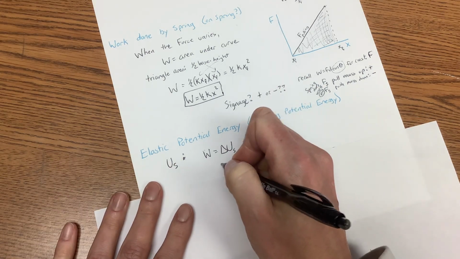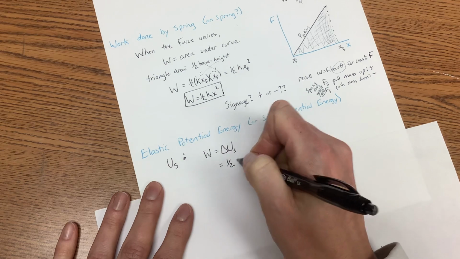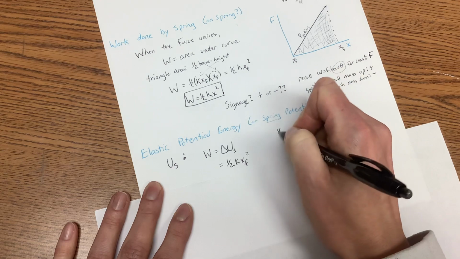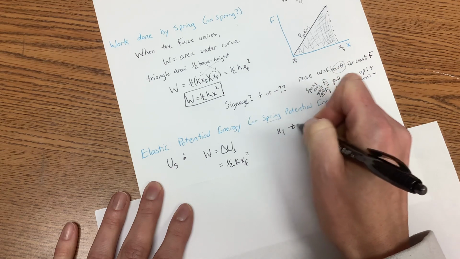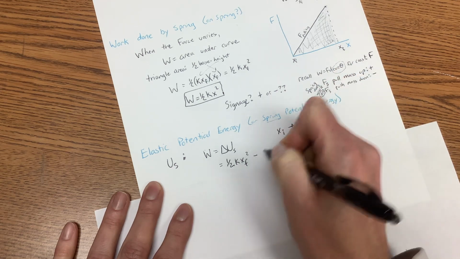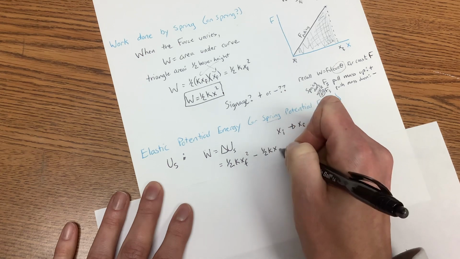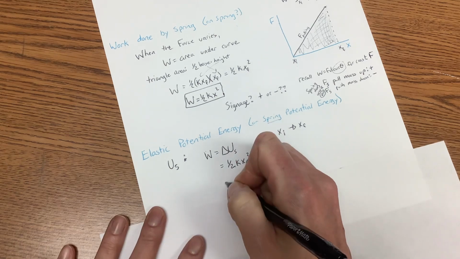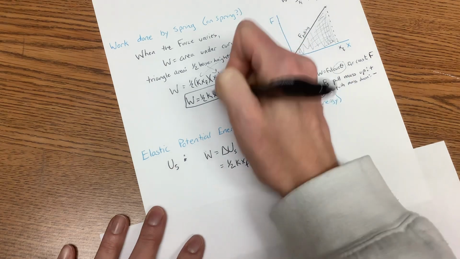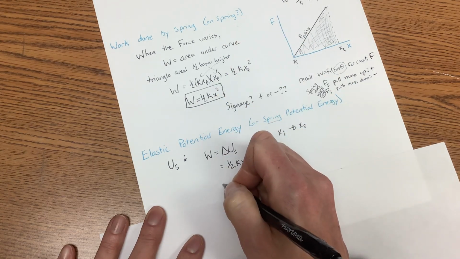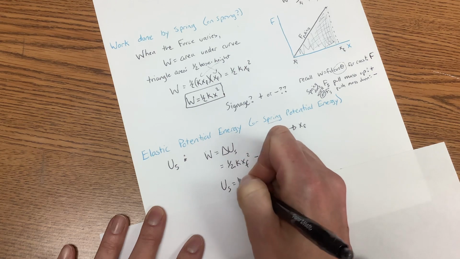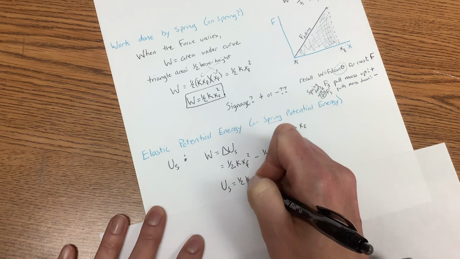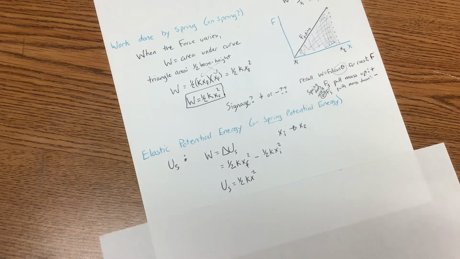So if my potential energy goes from some initial position to some final position, then it'll be 1/2 k xf squared minus 1/2 k xi squared. And you can see that the spring potential energy is 1/2 kx squared, okay?